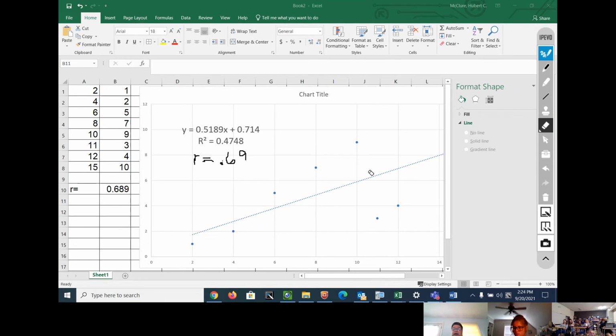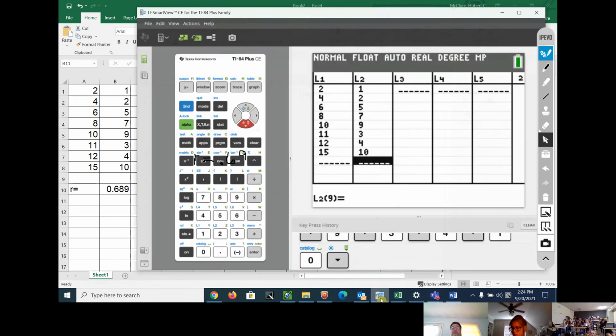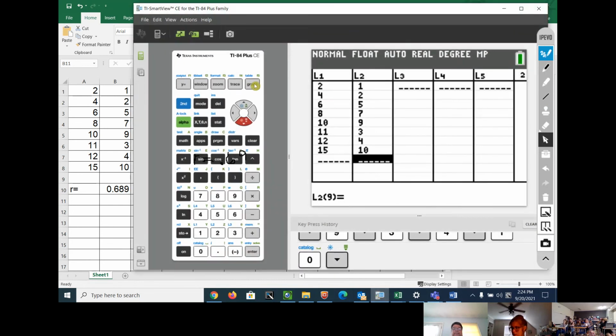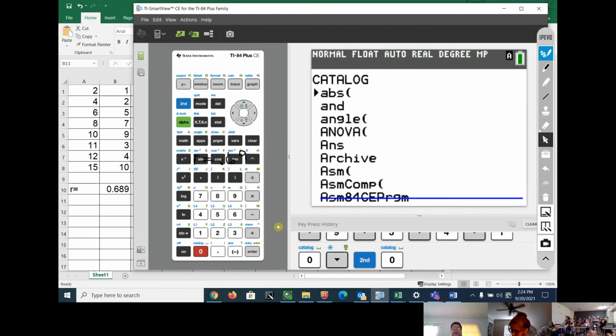Let's go to the TI. Now, before you work your TI, I want you to check something. I want you to write down second 0, and that's catalog. Second 0, and I want you to go down to the D's.